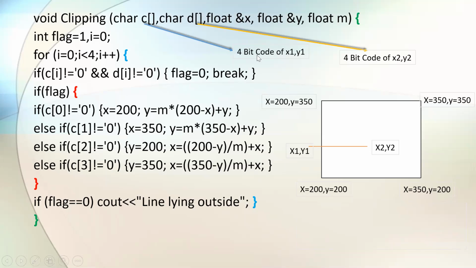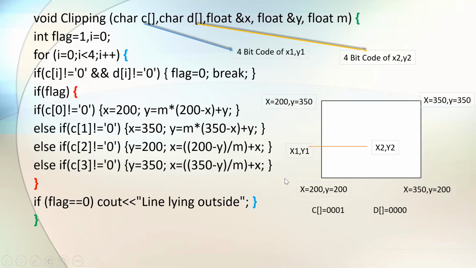So this is how clipping is done. Clipping is done against the clipping function, wherein each bit position of the assigned bit code is checked whether it is equal to 0. If it is not equal to 0, you calculate the intersection points respectively, and the iteration continues until you have clipped against all the endpoints of the line given.